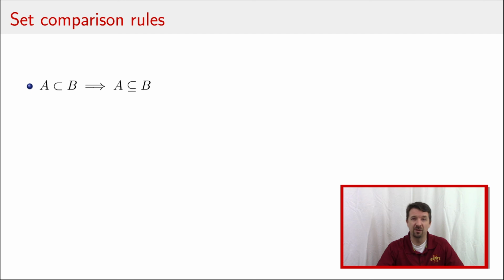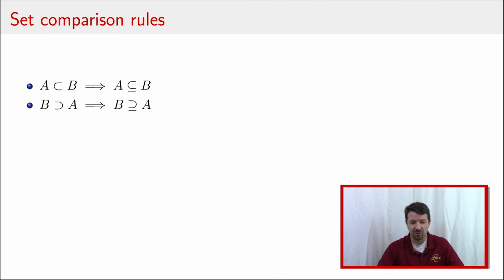But even if you take the definition, if A is a proper subset of B, that means that all of the elements in A are in B, but there's also some element in B that's not in A. And this implies that A is a subset of B, because we knew from the definition of a proper subset that all the elements in A are in B.